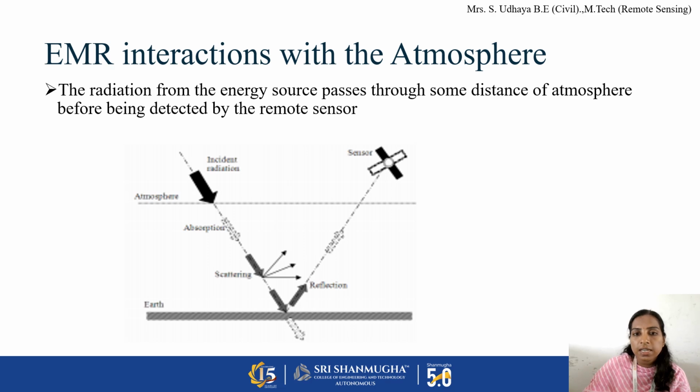The incident radiation from the sun travels through the atmosphere two times. One on its way to the Earth's surface, the next time as a reflected radiation. In both the times of travel, it undergoes many changes, that is scattering, reflection, refraction, emission.